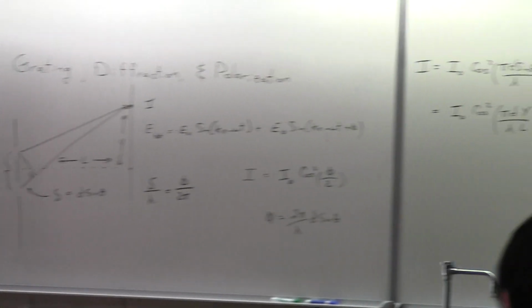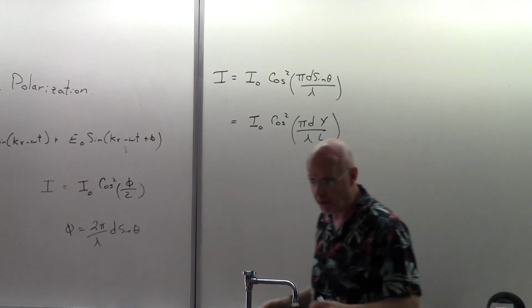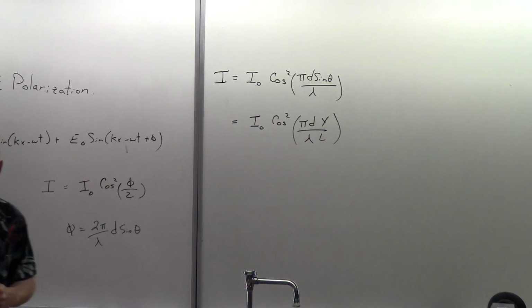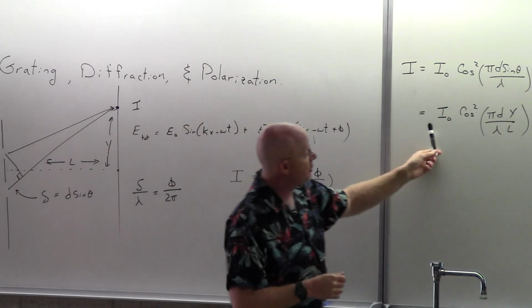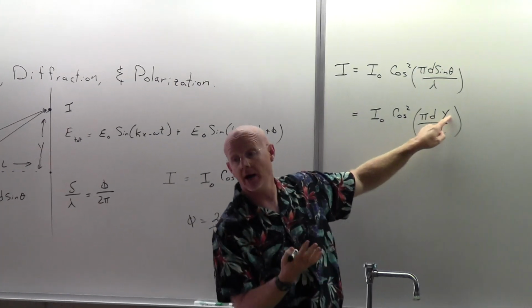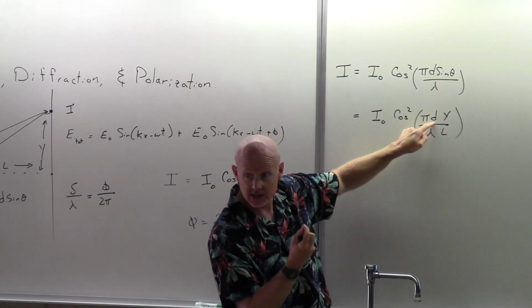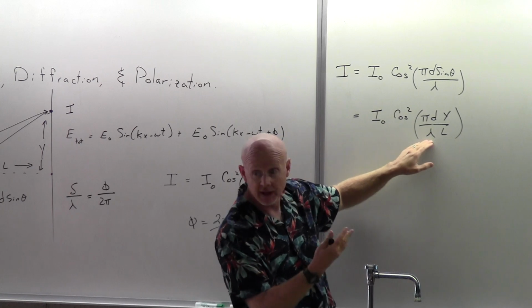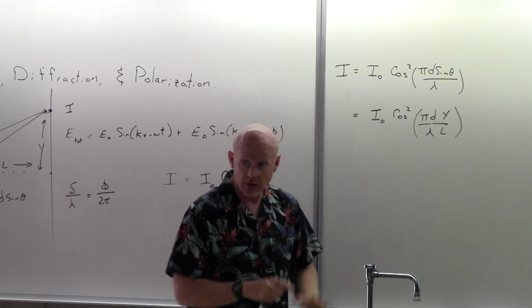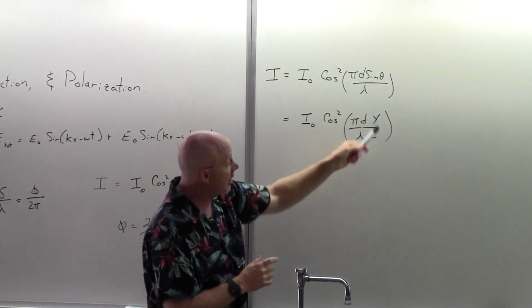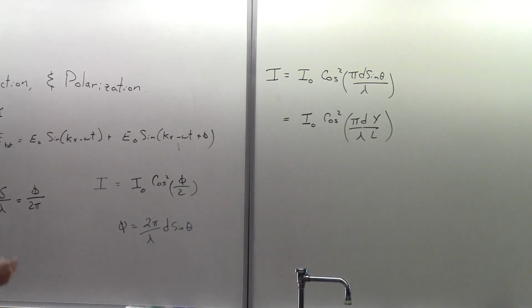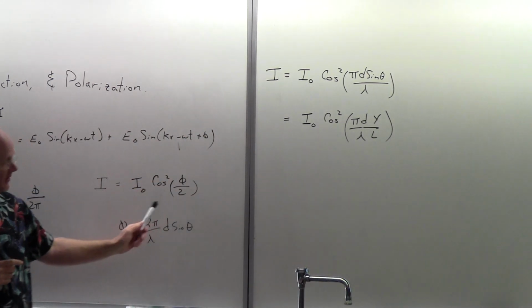And that's probably a more useful form when you go to solve a homework problem or study what's going on on the screen, because this is telling you the intensity at a position y on the screen, which is based upon the distance between the two slits, the wavelength you are using, and the distance to the screen. So it puts all those together. But it's all of these together that contribute to why the second wave is at a phase.